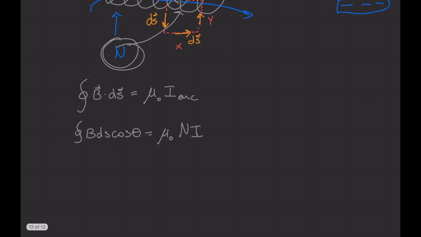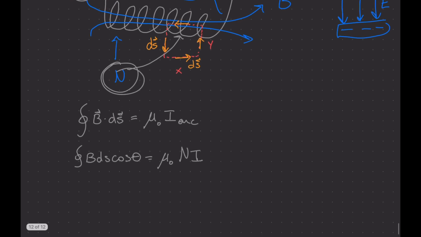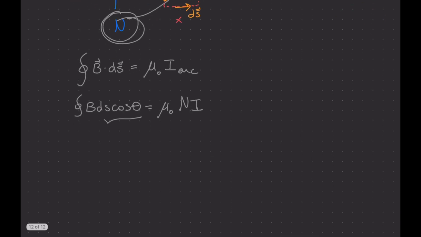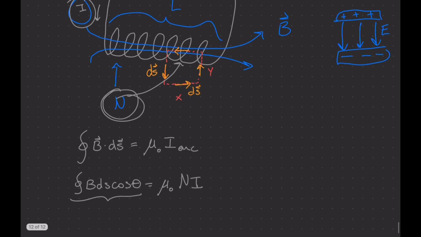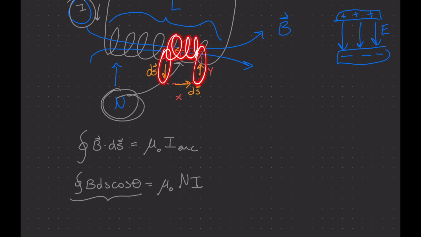Cool. Now that we've done that, I'm going to actually expand this integral because, as you can see, there are 4 different sections here where different behavior is happening. One section, this part of the Amperian loop, is actually inside the solenoid. This one and this one look kind of similar. A part of this piece of the loop is inside the solenoid, but the rest of it over here is outside. And this part is actually completely outside the solenoid.